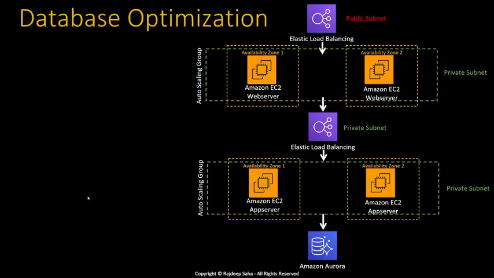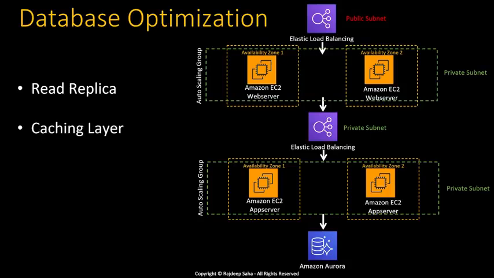Another area you might get probed is database optimization. How do you handle high traffic? How can you optimize the database? Amazon Aurora provides read replicas, so you can use these read replicas to handle read traffic while the write traffic goes to the primary instance.